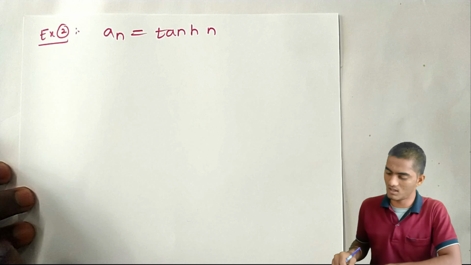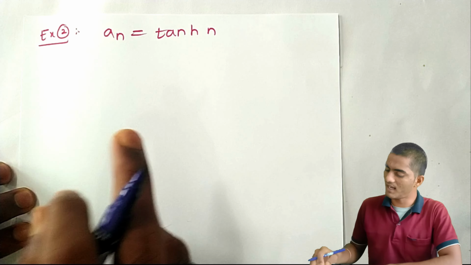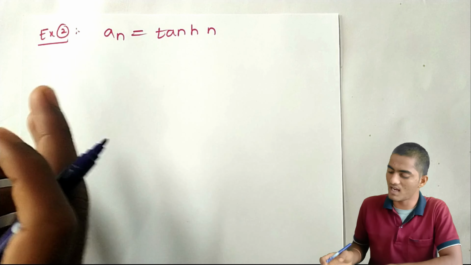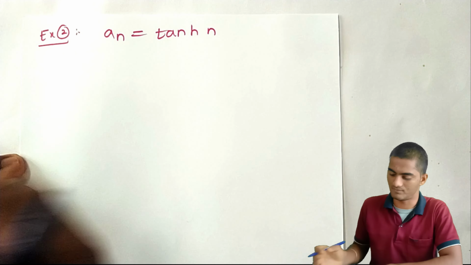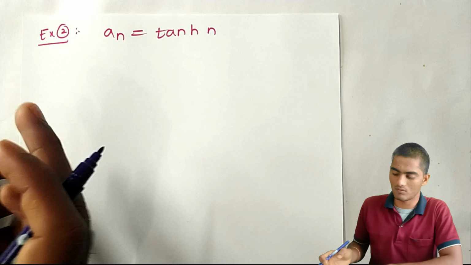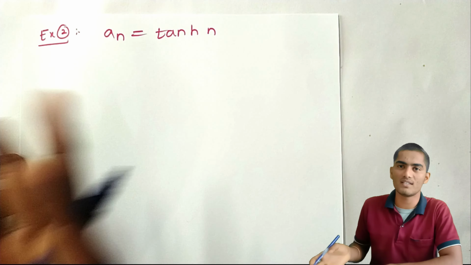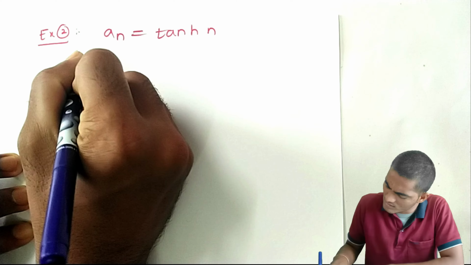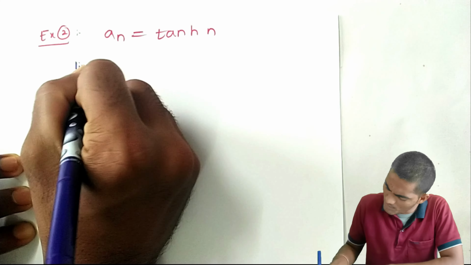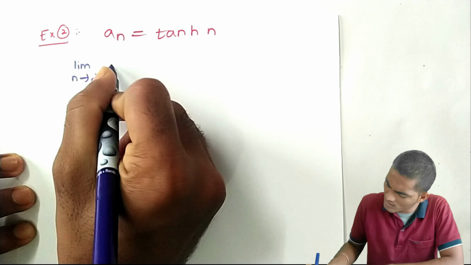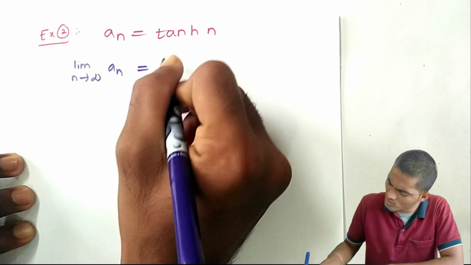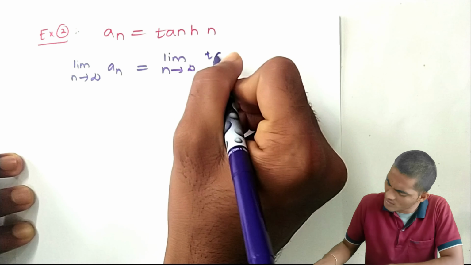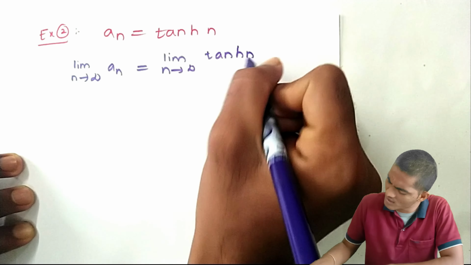Next example is an equal to tanh n. Here we have given the nth term of the sequence an equal to tanh n. We want to find the nature of this sequence. Applying the limit to this nth term, the limit as n tends to infinity of an equals the limit as n tends to infinity of tanh n.